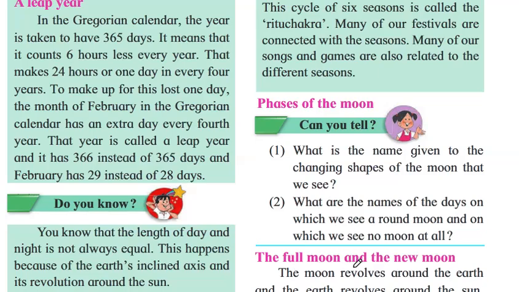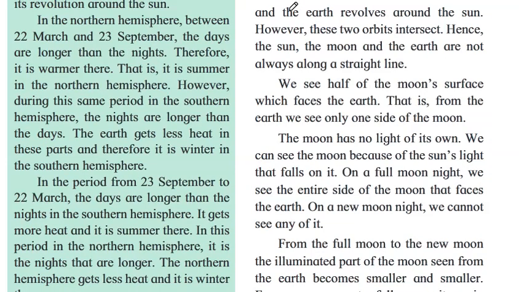The moon revolves around the earth and the earth revolves around the sun. However, these two orbits intersect, hence the sun, the moon and the earth are not always along a straight line.